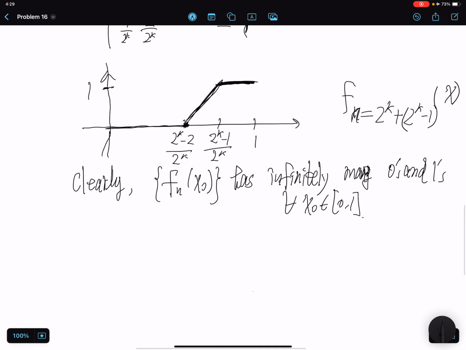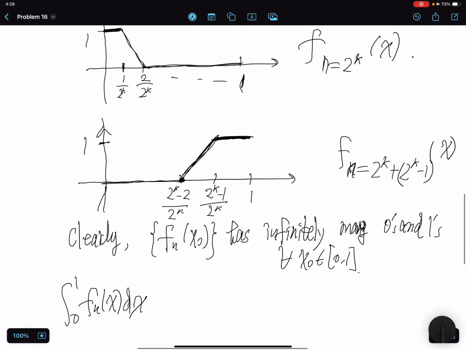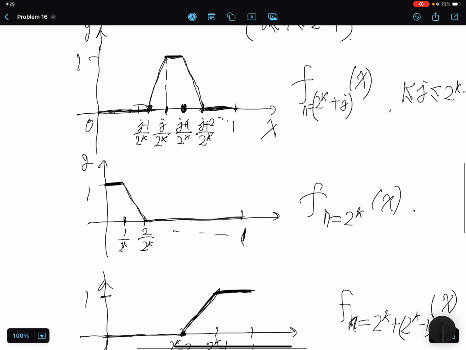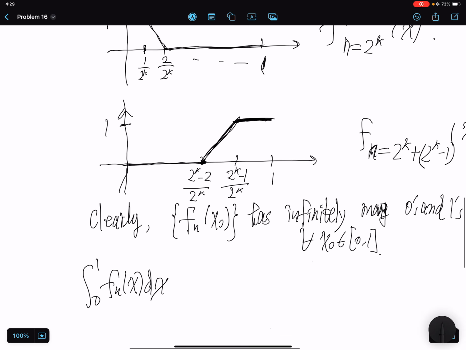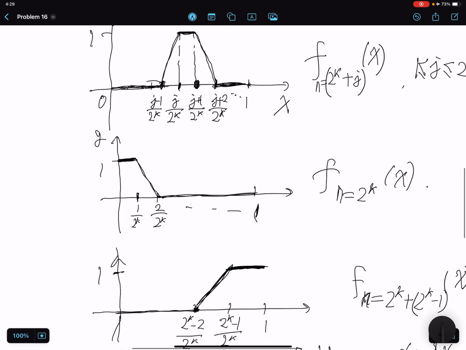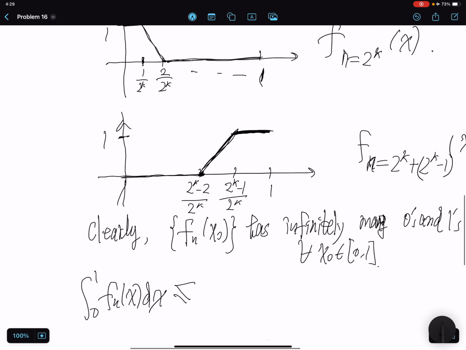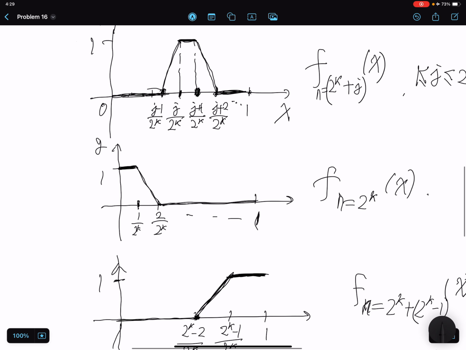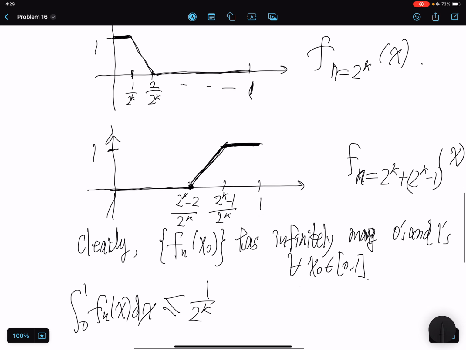From the construction, the integral is just the area, with base 1 over 2 to the k and height 1, and you add these together, so it's at most 2 of them.